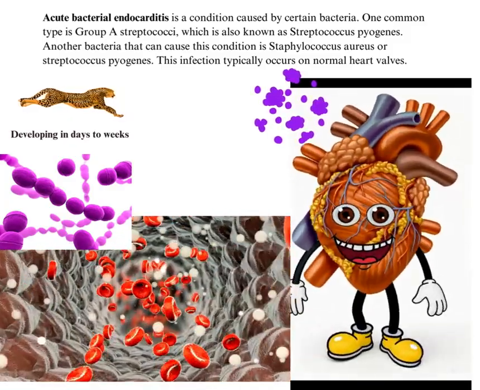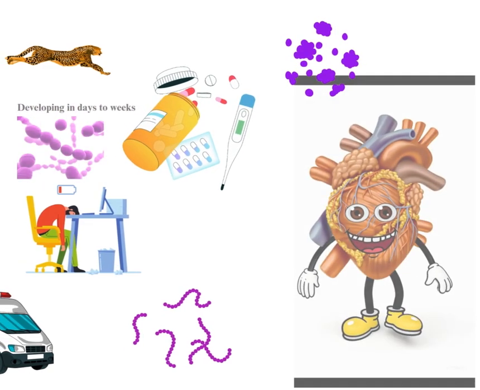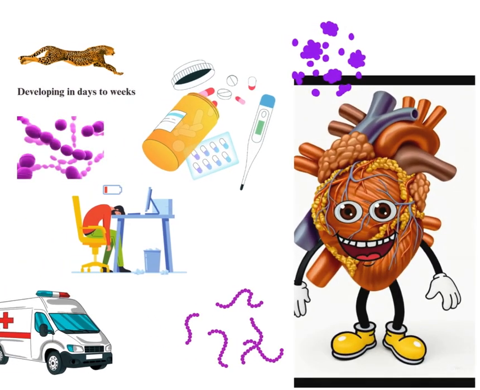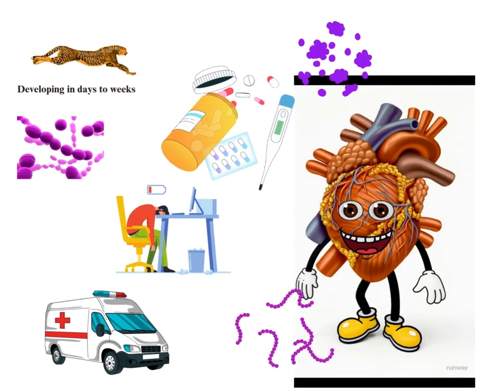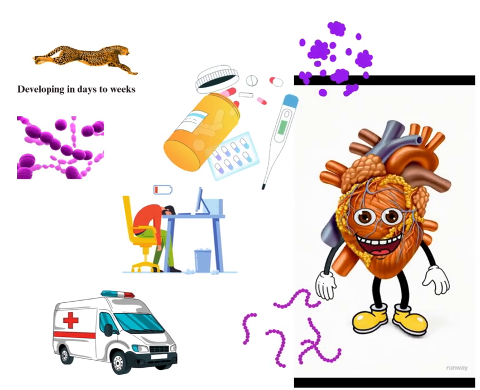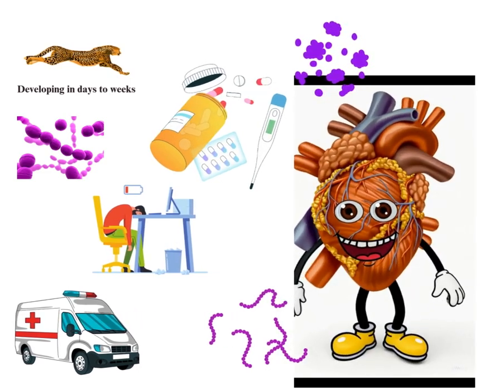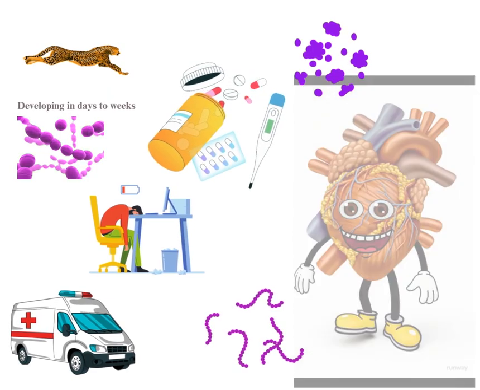The bacteria have formed these clumps called vegetations on my valve. My owner, Yusuf, is in the emergency room with a high fever, chills, and fatigue. The doctors are rushing to treat me with strong IV antibiotics, but this infection is spreading fast.